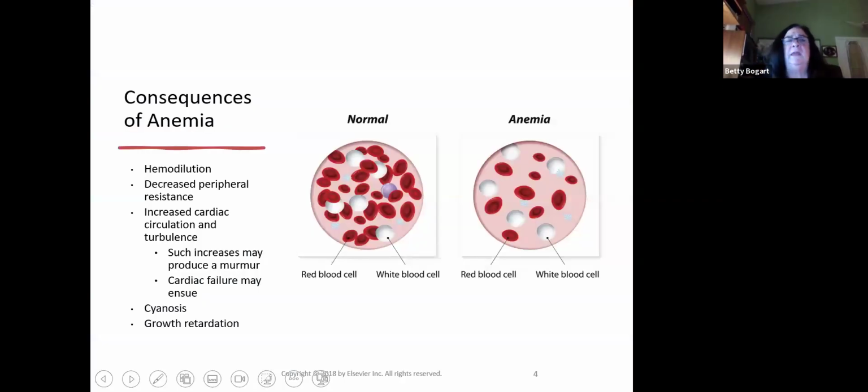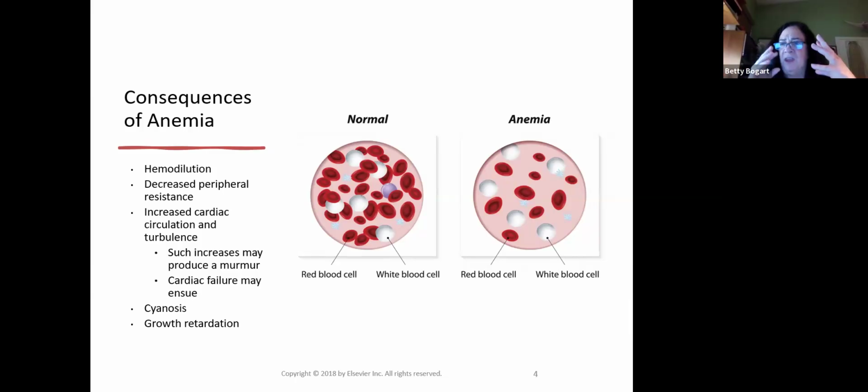So you have a child coming in, parents are complaining, fatigue, the kid looks tired, the kid looks pale. What am I going to do to assess this child? Believe it or not, when I'm looking at that kid, pale, tired, the symptoms, it sounds like anemia to me. I'm going to listen to the heart. Why? Because in anemia, there's not a lot of blood cells that fill up the whole lumen of the vasculature, okay?